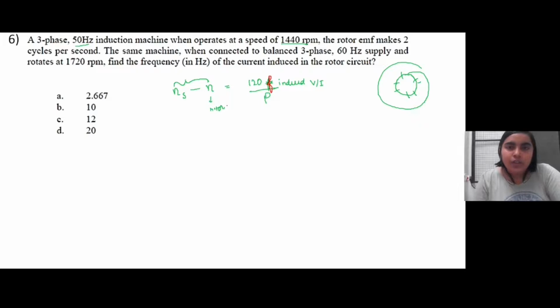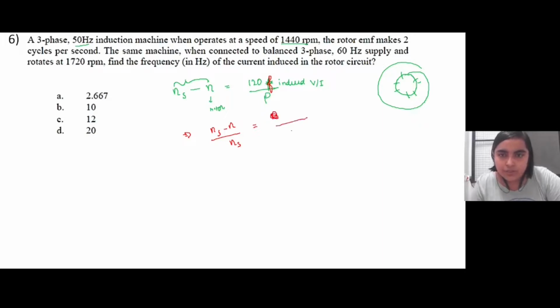So if this formula is rearranged, let us divide by Ns: Ns minus N by Ns. We can cancel 120. Let me write it in another way.